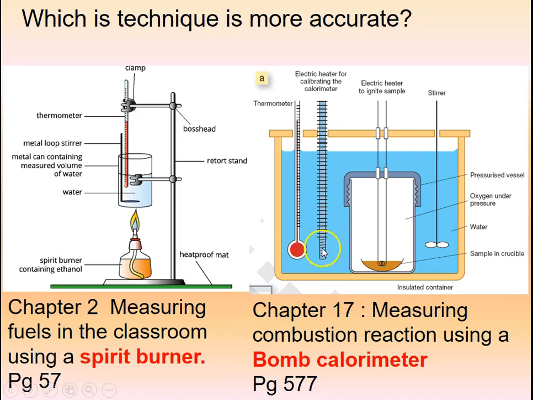So a better, more valid method is to do your reaction inside a container with the water surrounding it. We'll look at this at the end of the year when we're measuring the heat of combustion of food, and we put this in a thing called a bomb calorimeter.